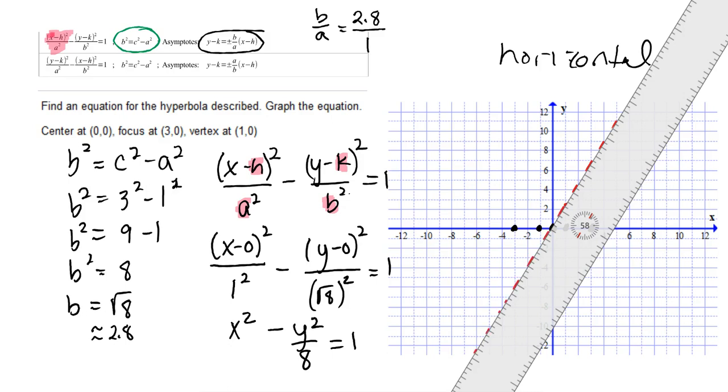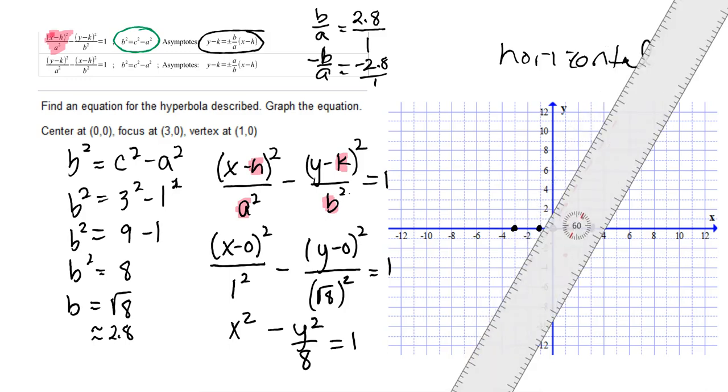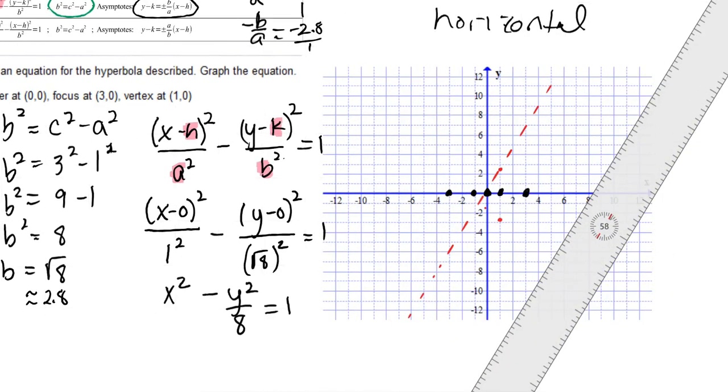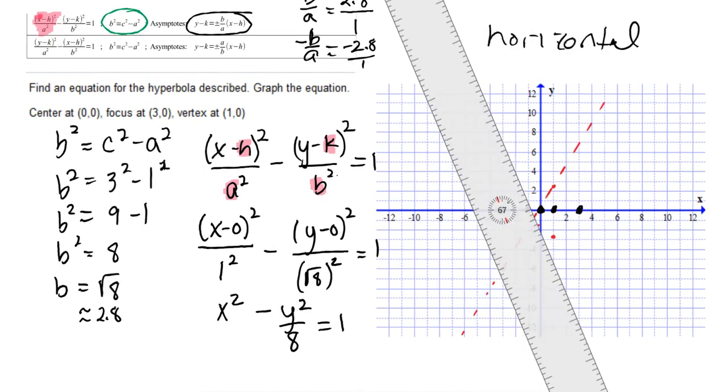And then I need to also have one with a negative b over a. So it's a negative 2.8 over 1. So I'm going to go down 2.8 and over 1, which would be about right here. Connect those 2 points to give me my other asymptote.